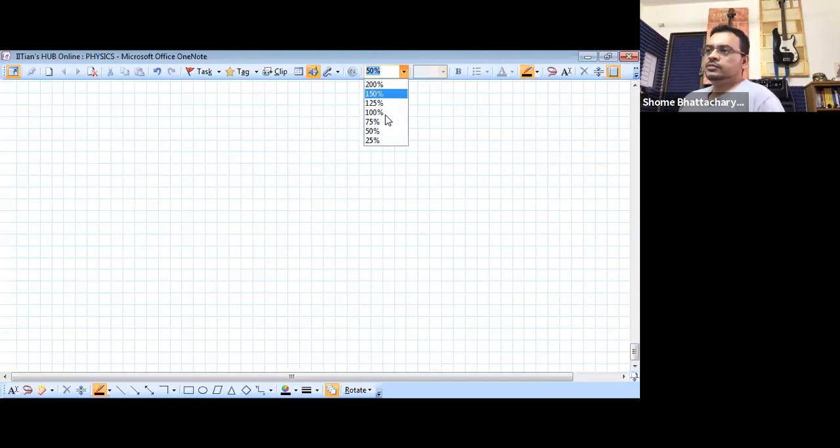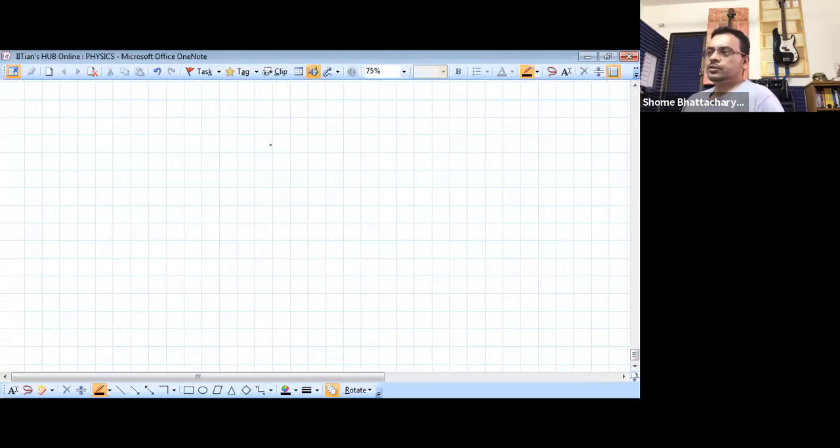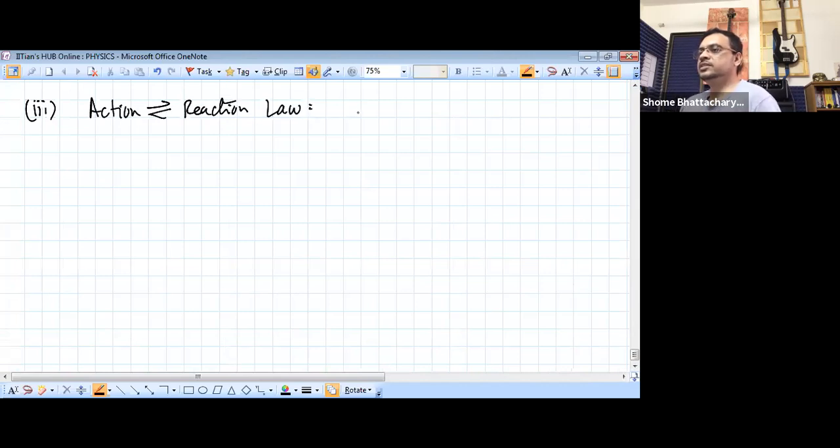Now we'll quickly review the other law and then come back to more examples of solving these kind of situations. So the third and final of Newton's laws is, as you know, the action-reaction principle. It's very simple.